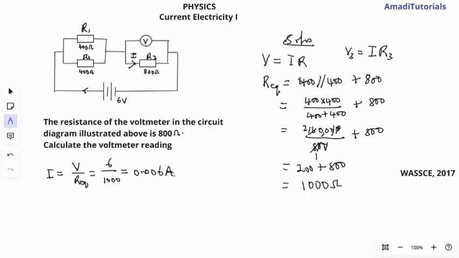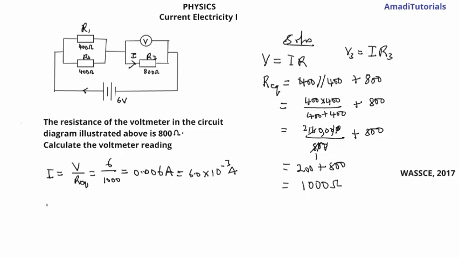If you convert it to standard form, that will be 6.0 times 10 raised to minus 3 amps. So now we've gotten our current. What is left now is to calculate V3.